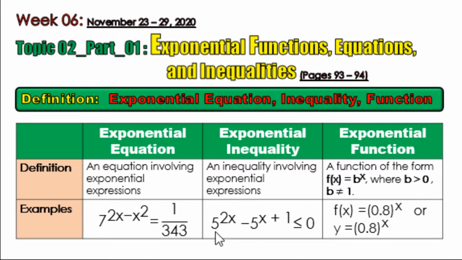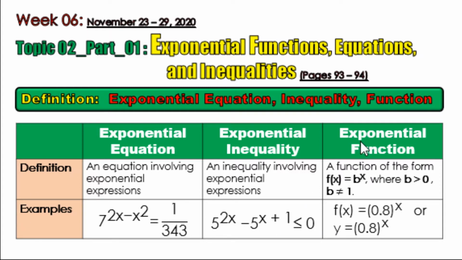So again, this part of the inequality is an exponential expression. So what's the difference between the exponential equation and exponential inequality? Of course, for equation, we are using equal sign, and for exponential inequality, we can use greater than, less than, at least, and at most.